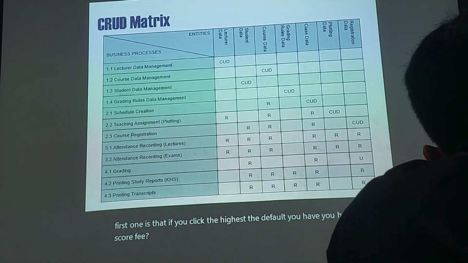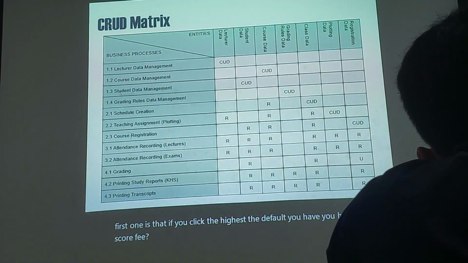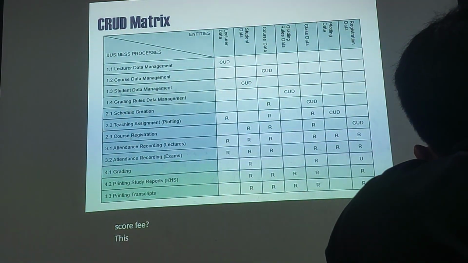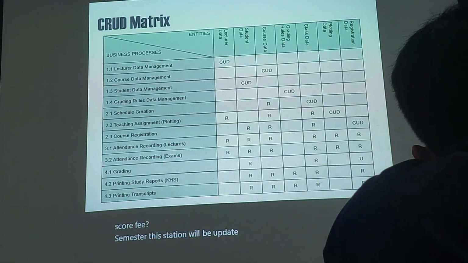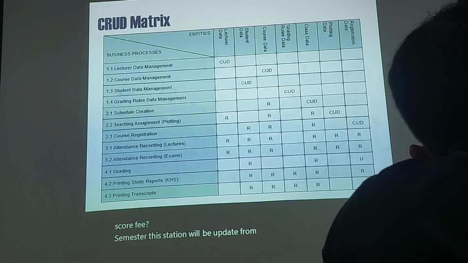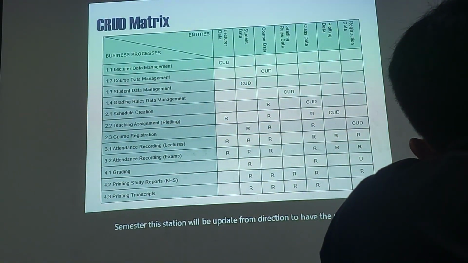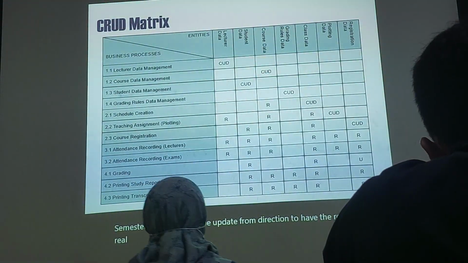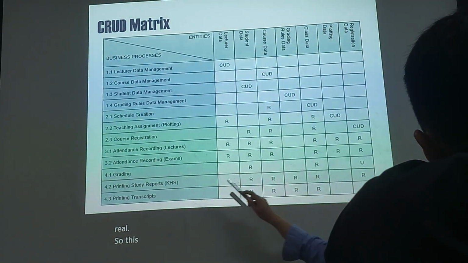And then for the end of semester, this grade in data registration will be updated by the lecturer to have the real score you get from the class. So this is for the update.